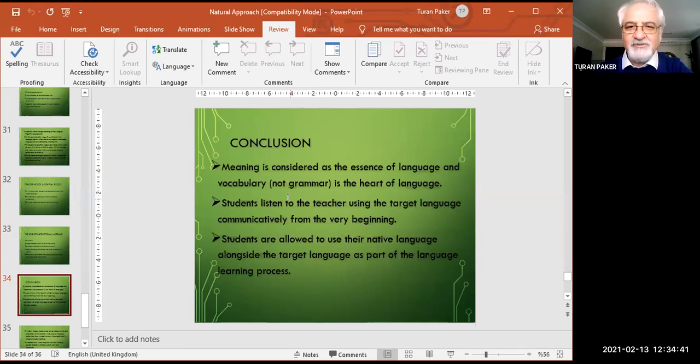Conclusion: meaning is considered as the essence of language, and vocabulary, not grammar, is the heart of language. Students listen to the teacher using the target language communicatively from the very beginning, and students are allowed to use their own creative language alongside the target language as part of the language learning process.